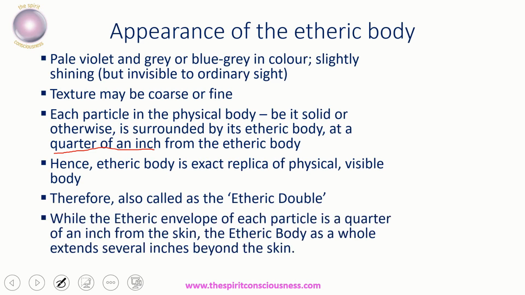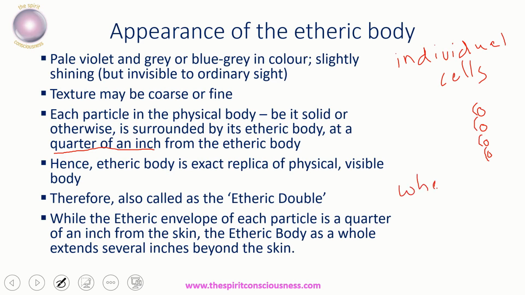So while the etheric envelope of each particle is a quarter of an inch from the skin, the etheric body as a whole extends several inches beyond the skin. Let me explain this with the help of a diagram. So let us talk of individual cells first. Visualize these as individual cells which will have an etheric envelope surrounding them.